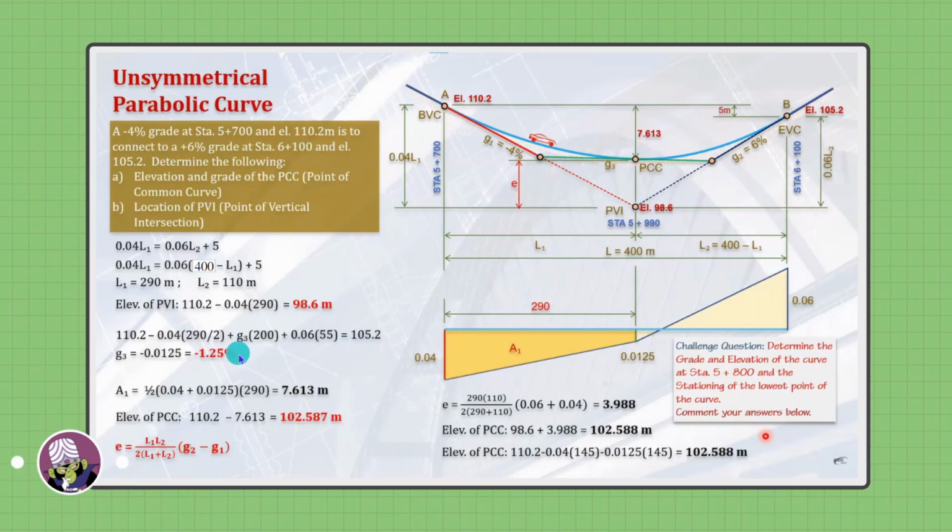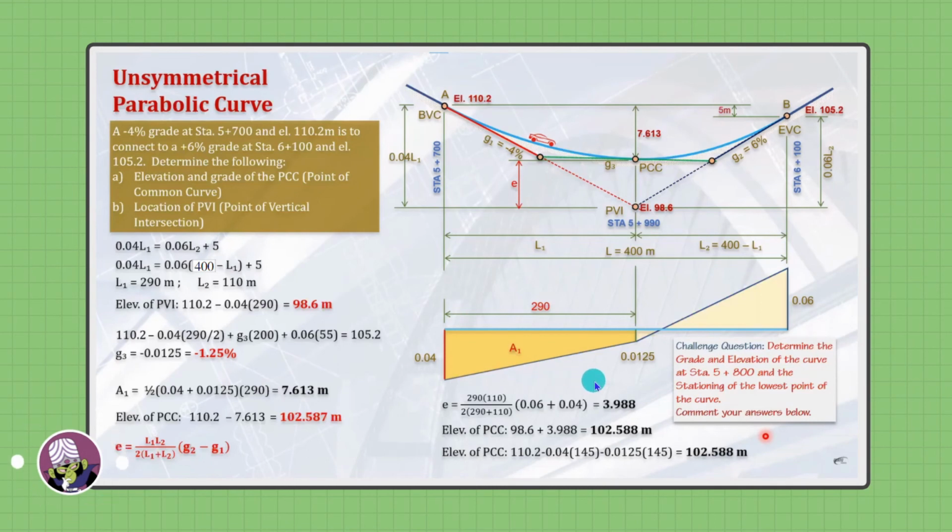Doing all the necessary computations, this will give us negative 0.0125, or negative 1.25%.